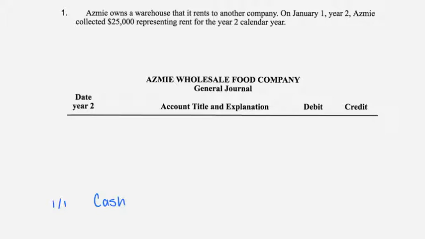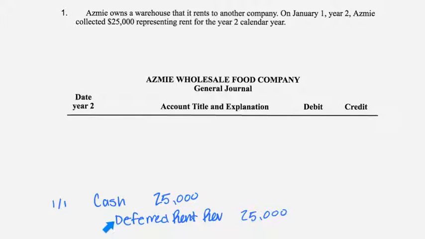So that would have been cash for $25,000 for the cash we collected, and then we would have credited deferred rent revenue because we haven't earned it yet. So if we haven't earned revenue, it goes into a deferred or unearned account for $25,000. So then quarterly will decrease this deferred revenue account as we recognize revenue.